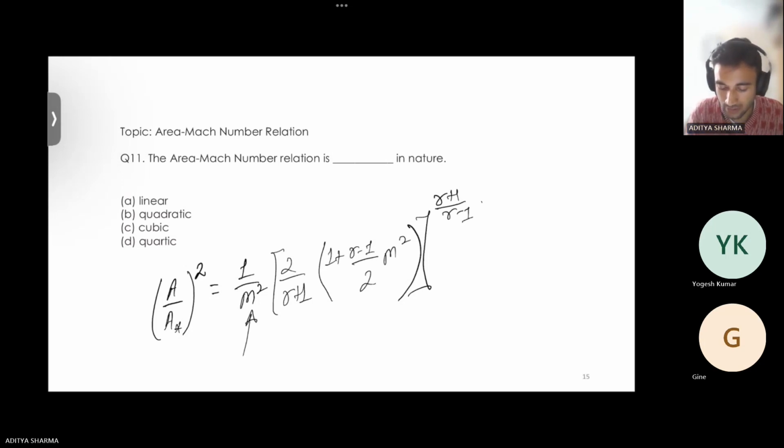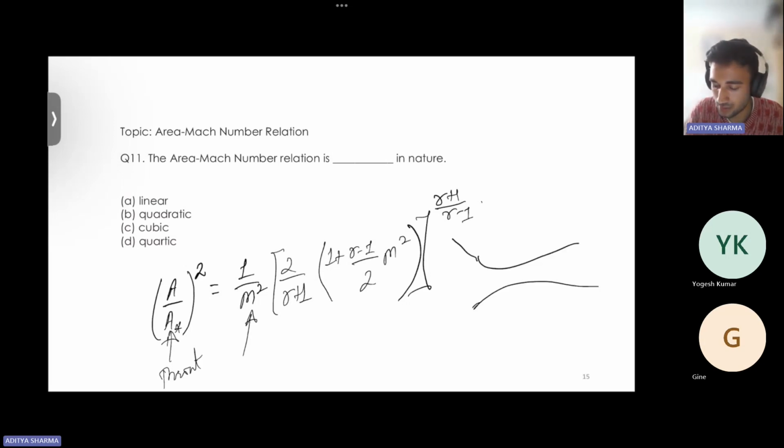I was earlier also telling you that you get 2 solutions out of this. One is subsonic and one is supersonic. So this is throat. A star is for throat and A is for the area we are concerned with. If this is a nozzle, then at symmetry there can be 2 cross sections which have the same area.